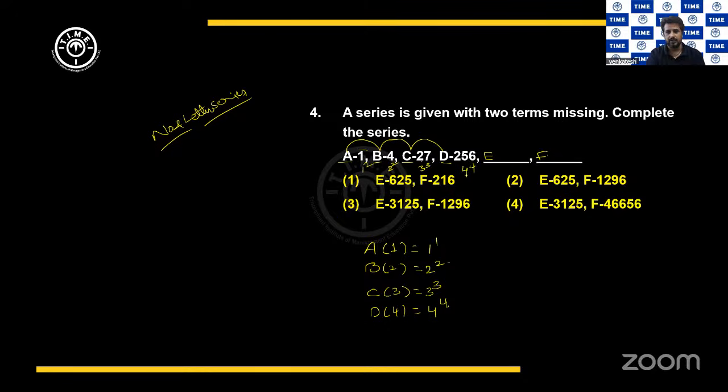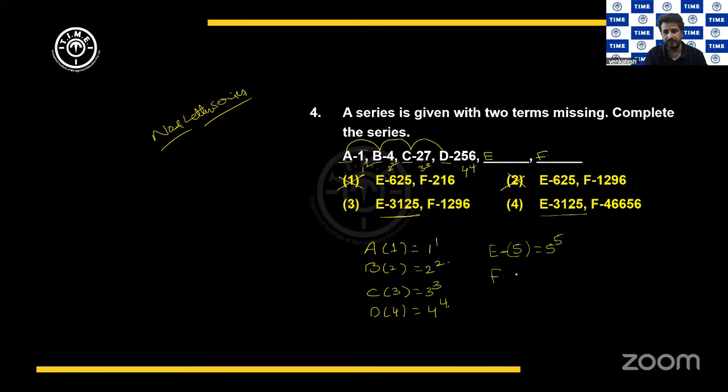If that is the case, next is E. E is the fifth letter in the English alphabet, so it should be 5 power 5. What is 5 power 5? 3125. So option 1 is ruled out. Option 2 is ruled out.